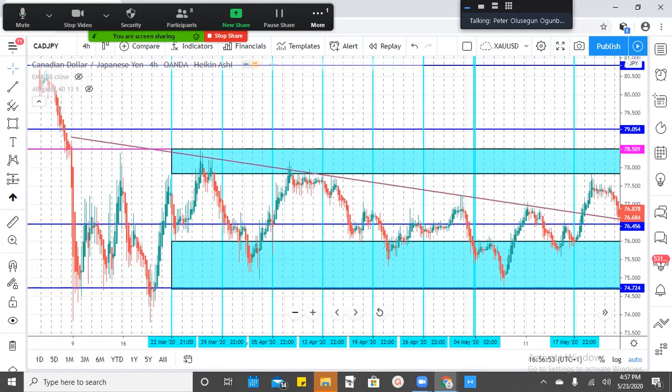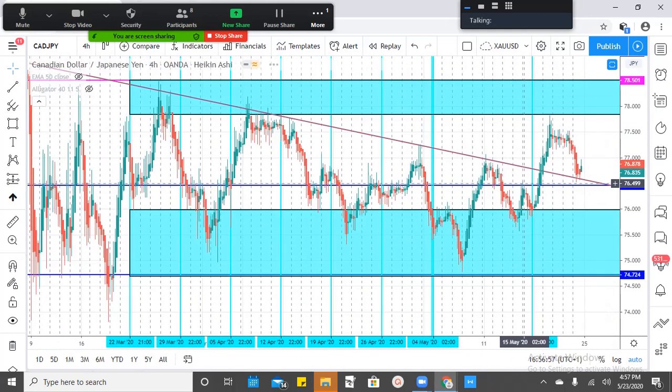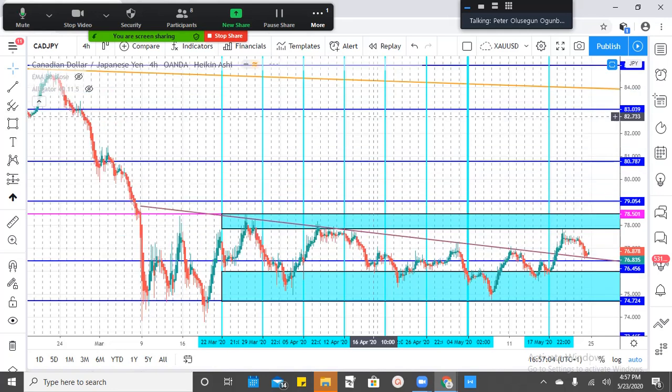Let me zoom out. Good. We're going to see what EMA is going to do. For some pairs, it is EMA 80 that actually works best. For some, it is 50 that works best.